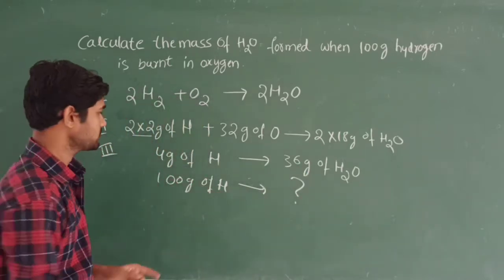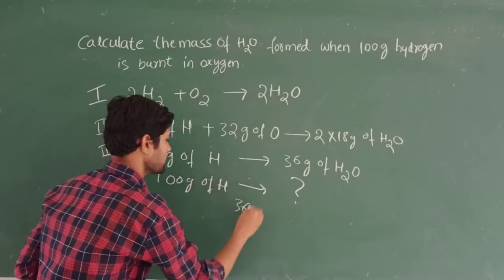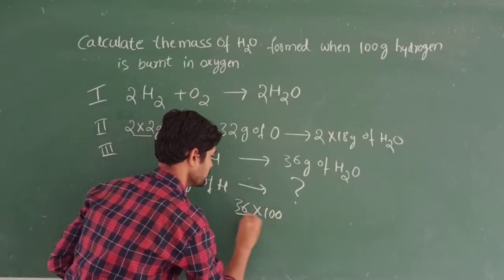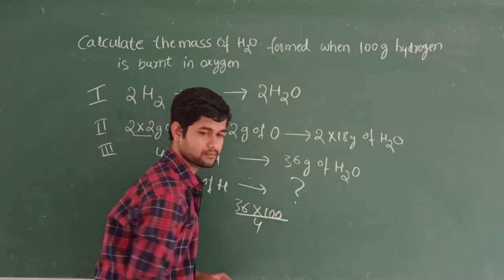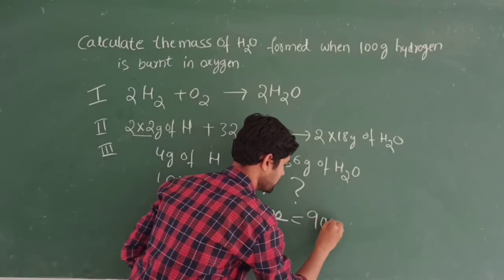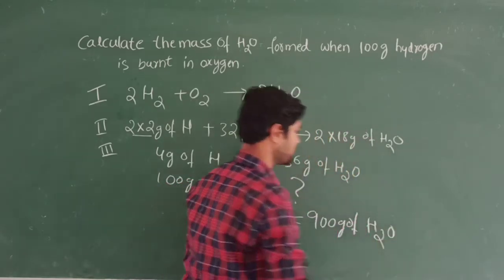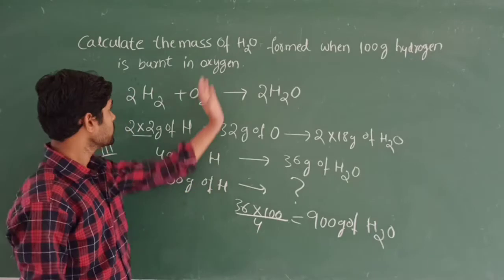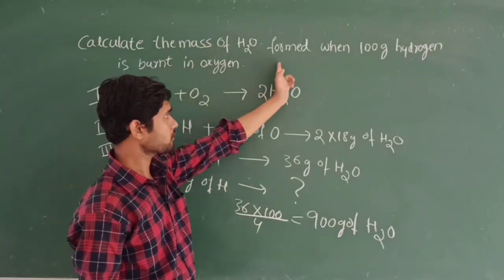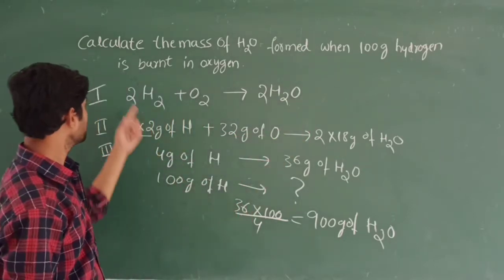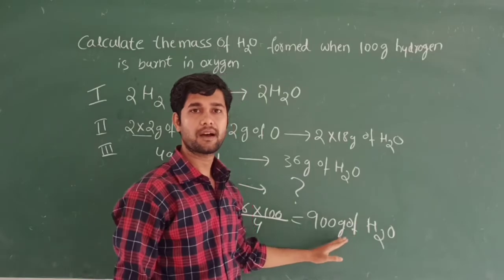Then you do cross multiplication, that is 36 into 100 divided by 4. That is nothing but 900 gram of water. We got 900 gram of water formed when 100 gram of hydrogen is burnt in oxygen. So this is our answer.